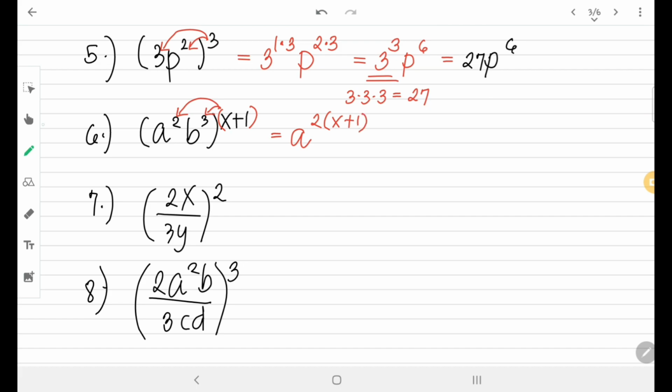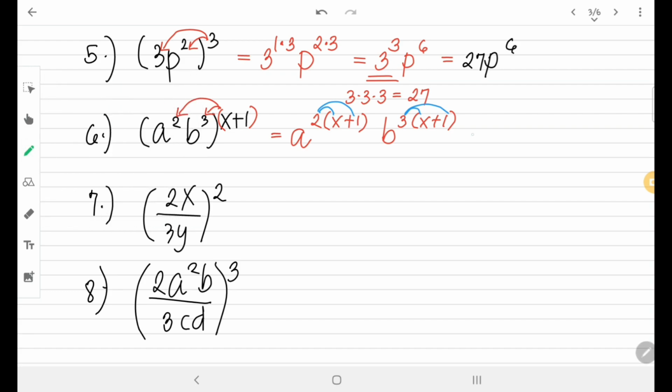We don't use the dot for multiplication here because it is a binomial. So, b raised to 3 and then times x plus 1. And then, when it is like that, we distribute. This is the reason why I teach my students not the shortcut of special products, but how to use distribution, the vertical method, the FOIL method, or the tile method.